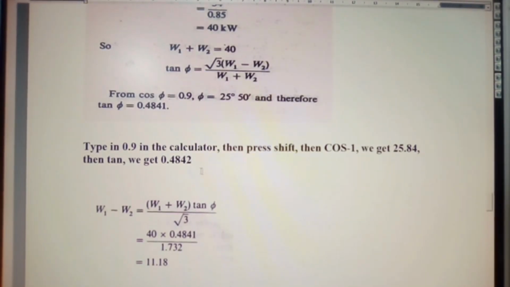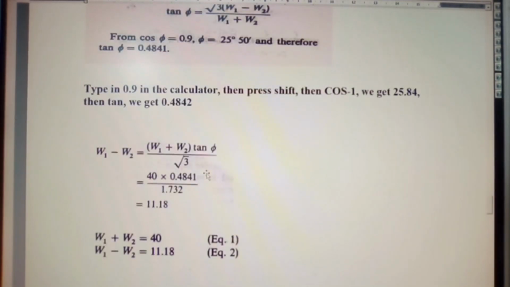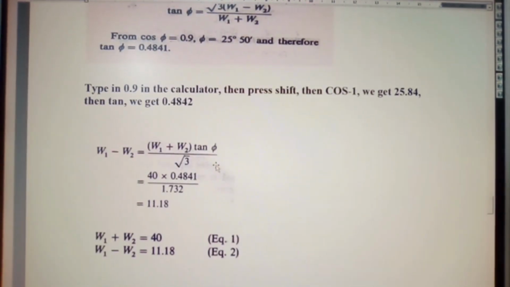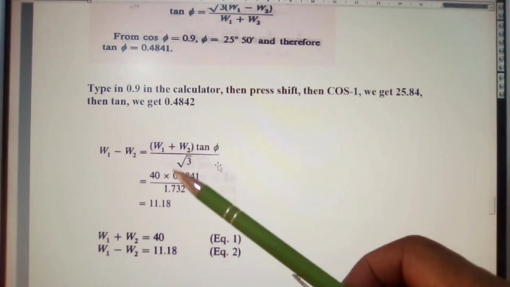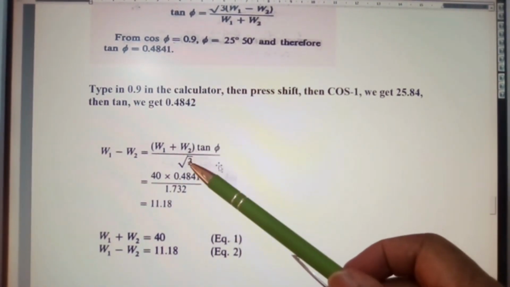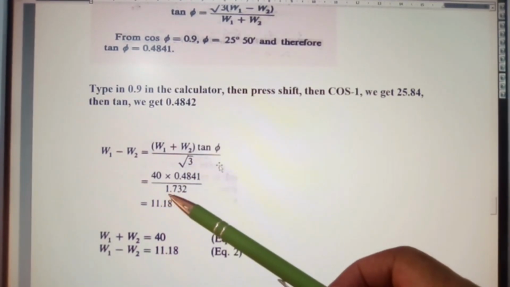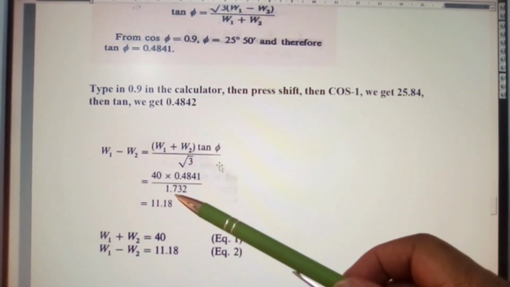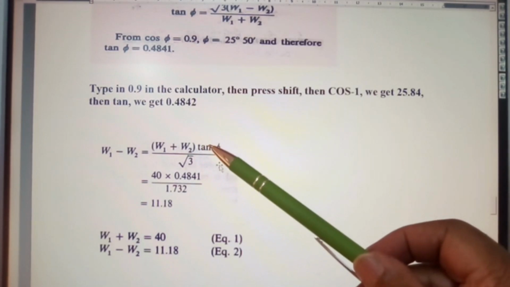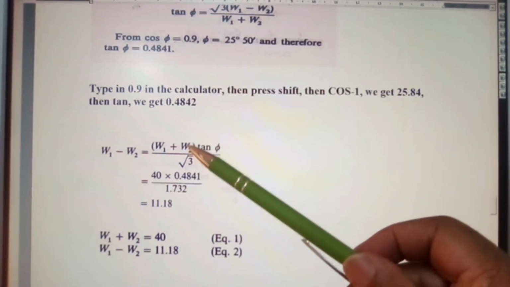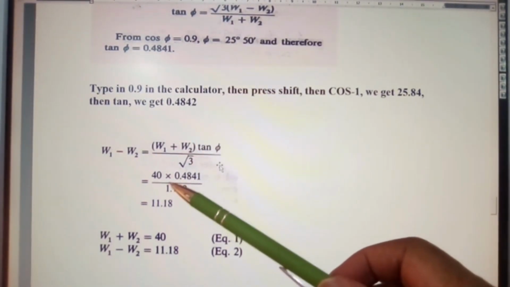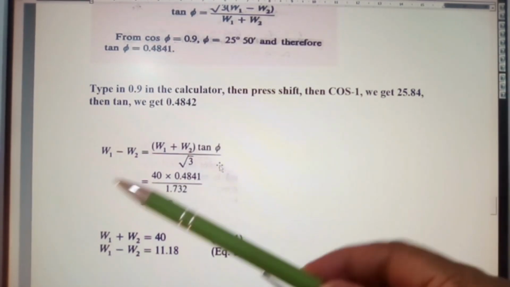And then here we have your formulation. Now remember, this is over the square root of 3, and just confirm that the square root of 3 is equal to 1.732. You need to confirm this for yourself. It's important that you know how to do this, and that then comes into this place here.